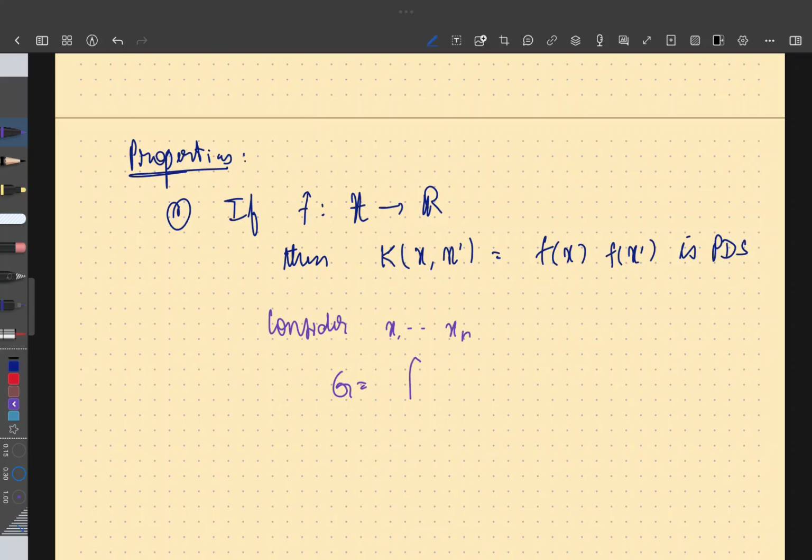Let's construct the gram matrix, which is built from x1 through xn, f of x1, f of xn.